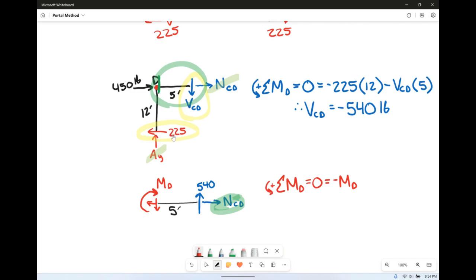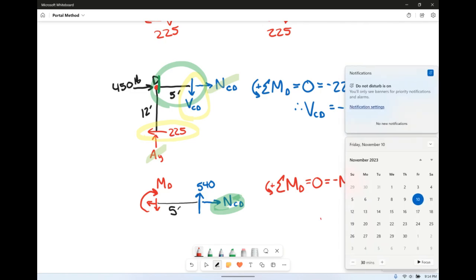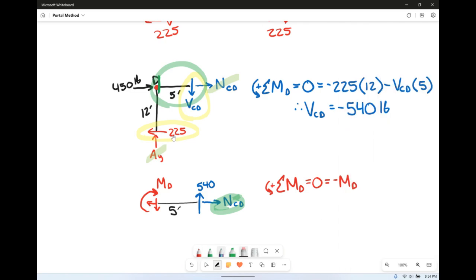So then it's just the 540, and he's going the correct direction. So plus 540 times a distance of 5 feet. So moment at D is equal to 2.7 kip feet.